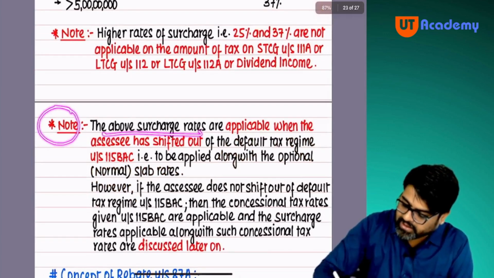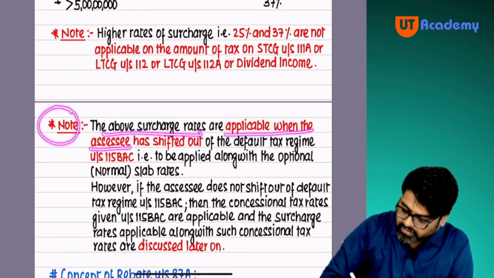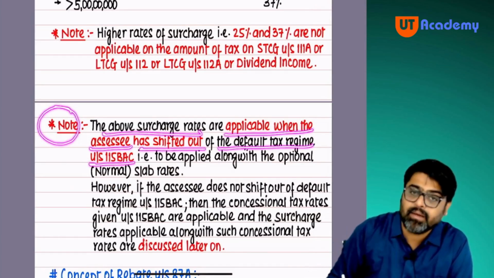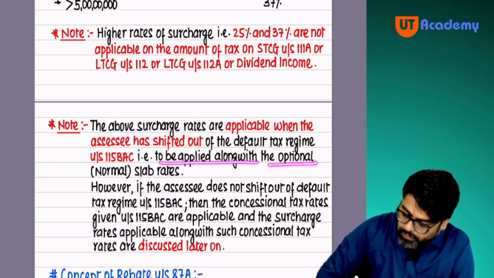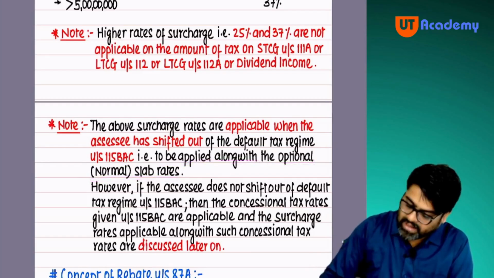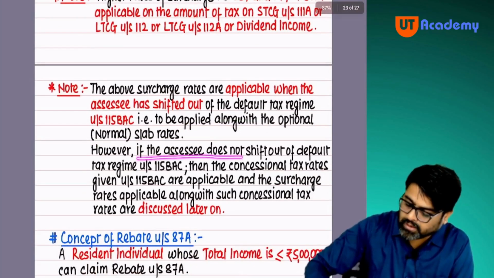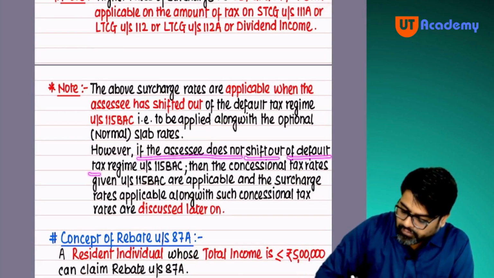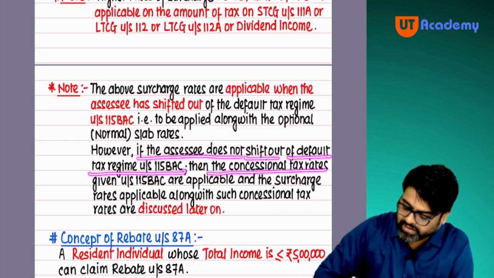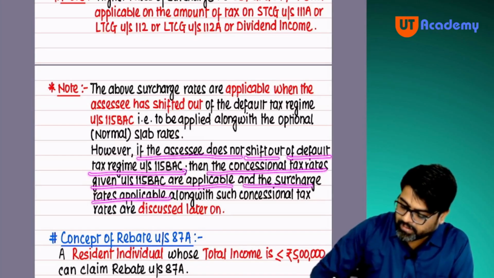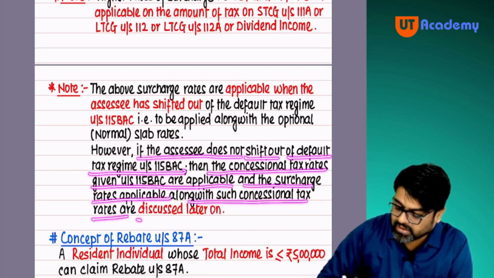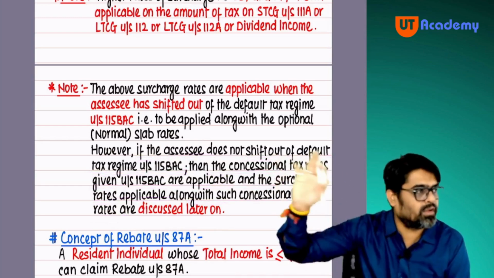The above surcharge rates are applicable when the assessee has shifted out of the default tax regime under section 115BAC, to be applied along with the optional or normal slab rates. However, if the assessee does not shift out of the default tax regime, then the concessional tax rates given under 115BAC are applicable, and the surcharge rates applicable along with such concessional tax rates are discussed later. Those we are going to discuss later.